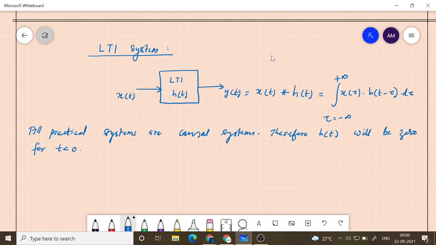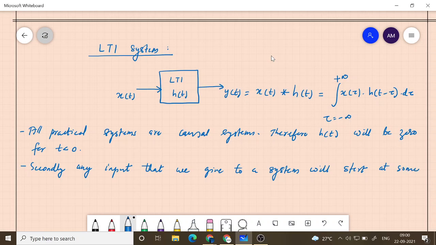And secondly, any realistic input that we give to a system will start at some definite point of time.